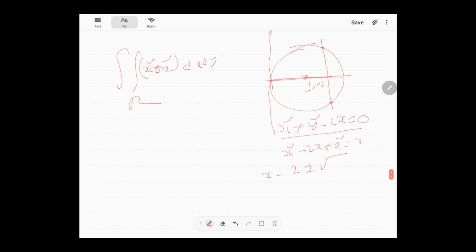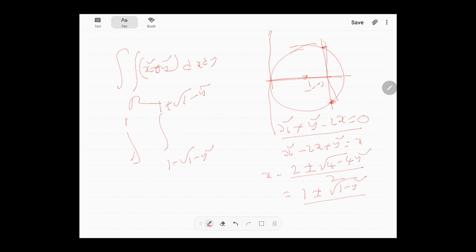X value is minus b plus or minus root of b square minus 4ac, by 2a. So here the value of x is 1 plus or minus root of 1 minus y square. So here the value of x is 1 minus root 1 minus y square to 1 plus root 1 minus y square.